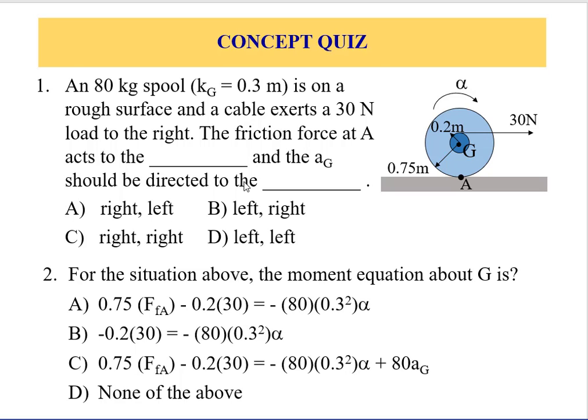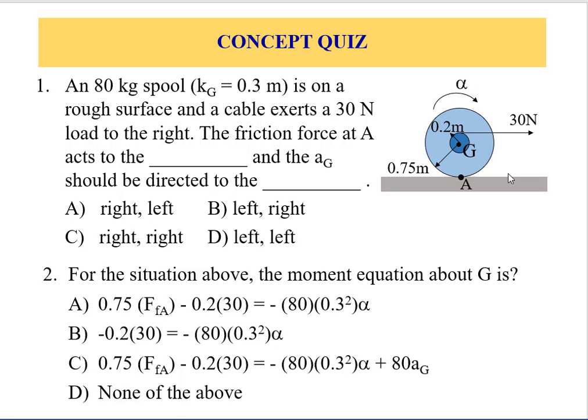Now, because this is an offset, this force from G will cause this spool to rotate counterclockwise. So therefore, we know aG is going to go to the right.